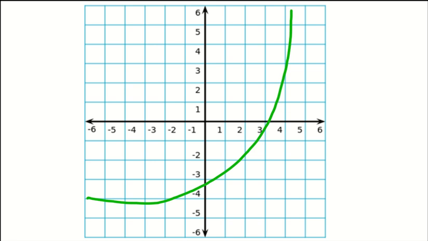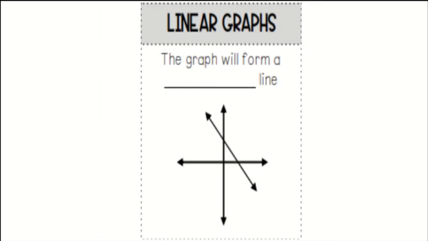Sometimes it's not as easy to tell as looking at this. So nonlinear has some sort of curve to it. Linear means we got a straight line. So like Carlea said, a graph that's linear will form a straight line. So everybody good with that?